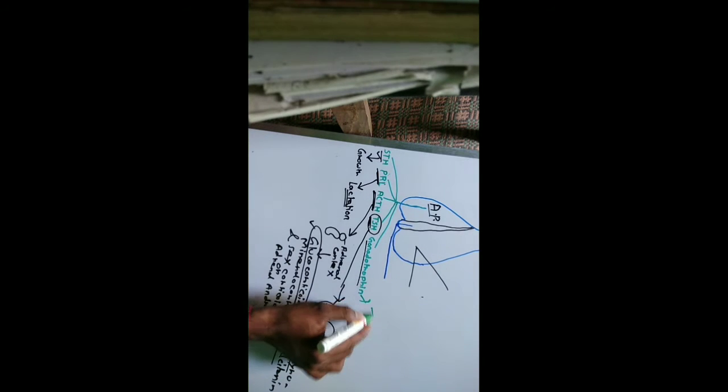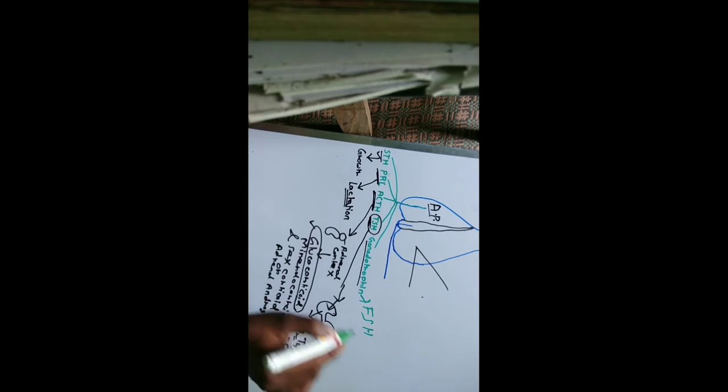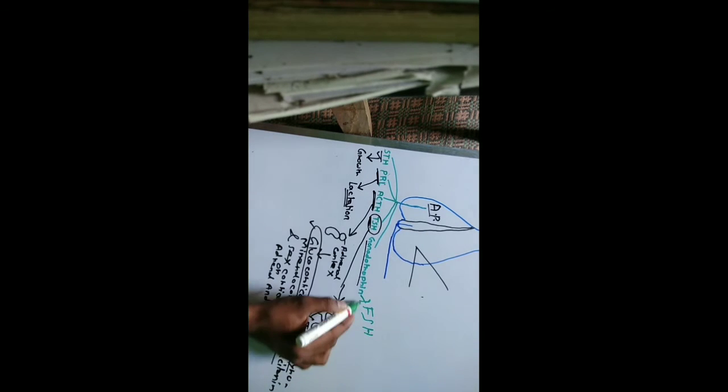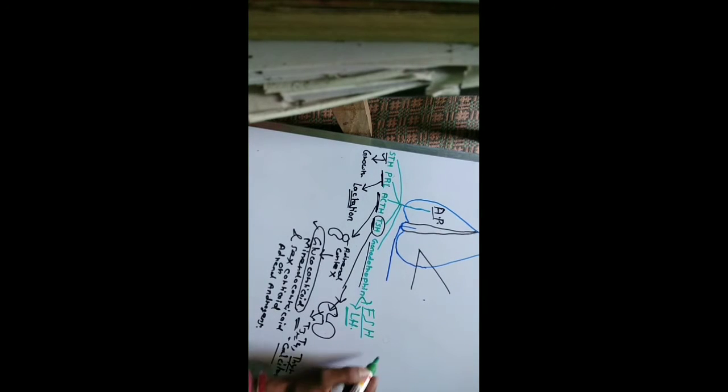Next is the gonadotropin. Gonadotropins are of two types. One is follicle stimulating hormone and another one is luteinizing hormone. What are the roles of follicle stimulating hormone and luteinizing hormone? These act on both male and female.